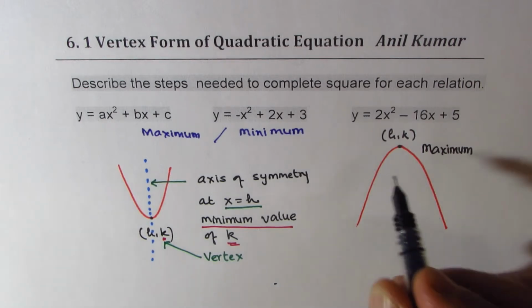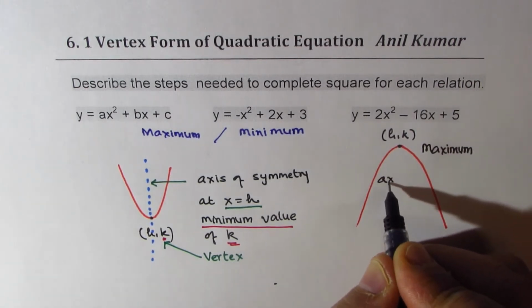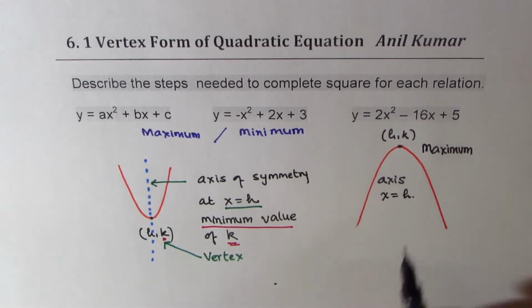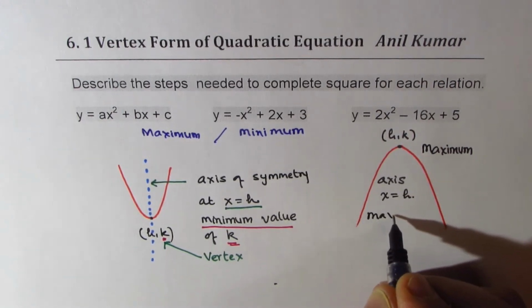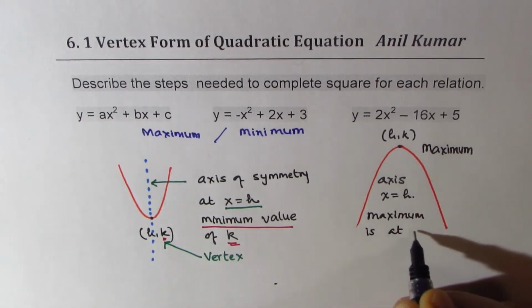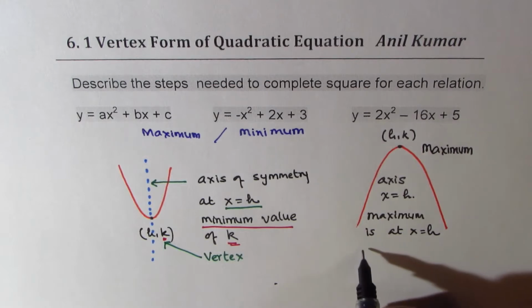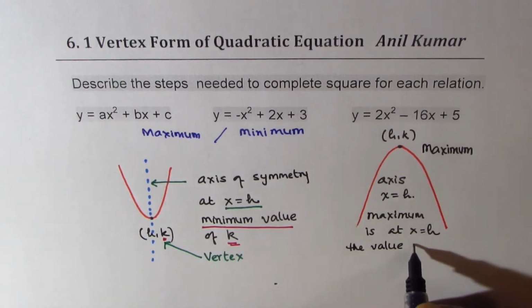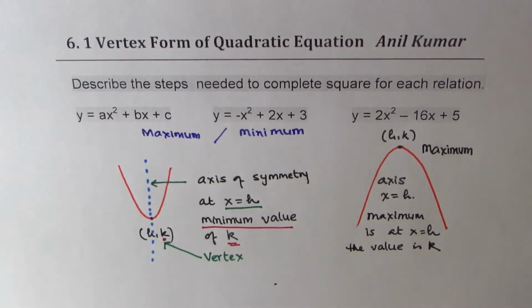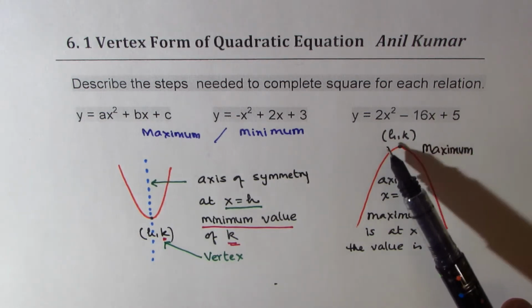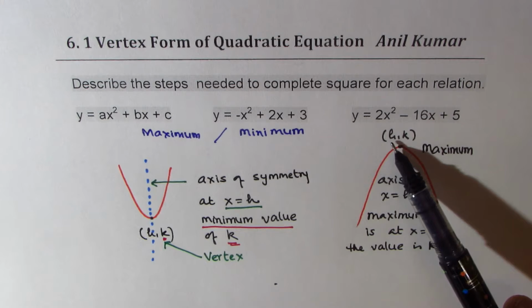That is to say, in this case also we have the axis at x equals h, and the maximum is at x equals h. The value is k. So in the question, if you have to find the maximum value, you're trying to find k. If you're trying to find where it will occur, we are trying to find h.